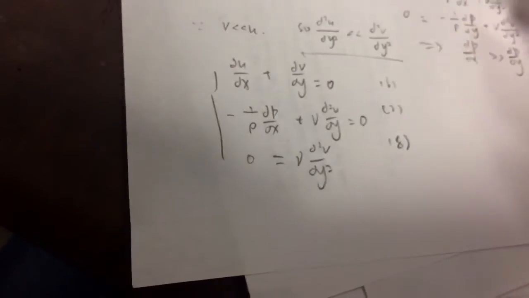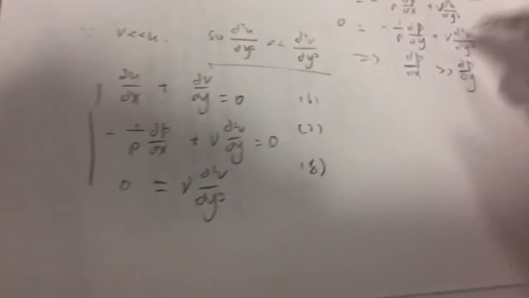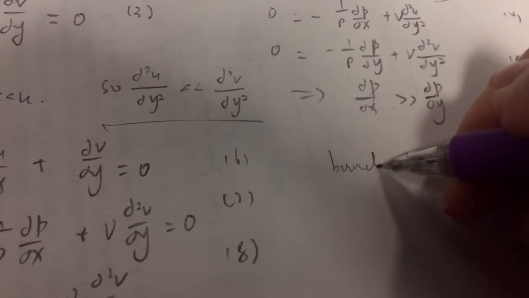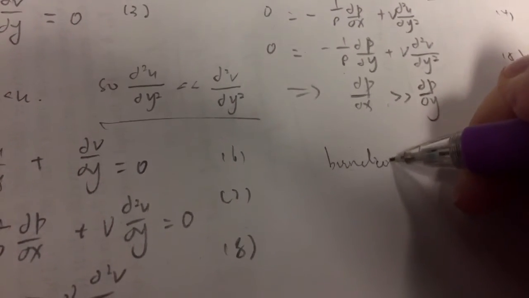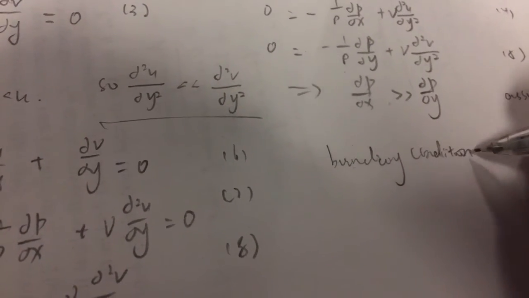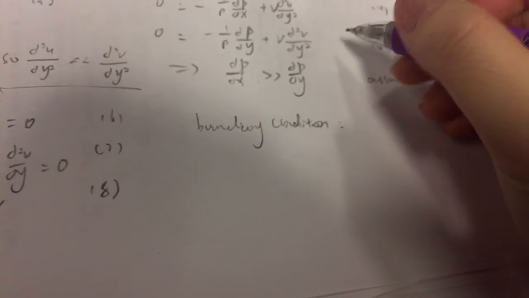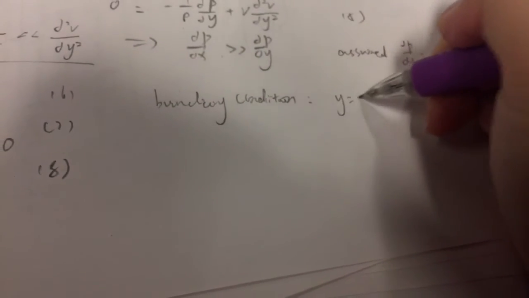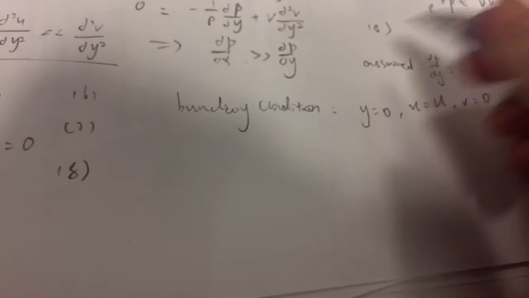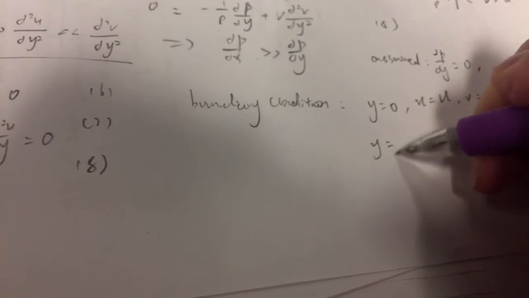Okay, all right. So finally we can get that one, and then the boundary conditions of the creeping flow are as follows.